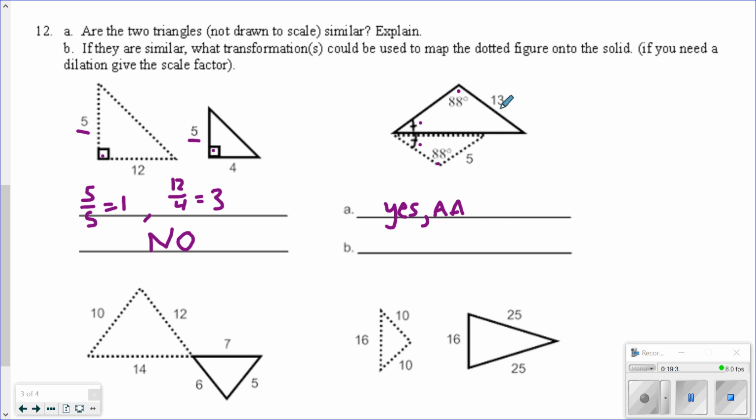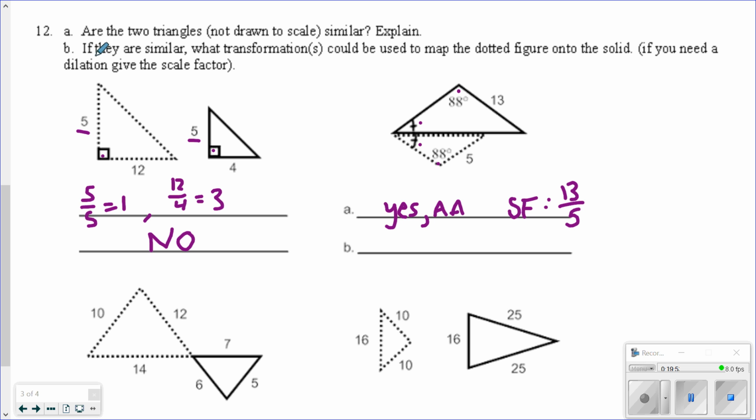So my scale factor, I'm going to use, it doesn't matter which one, so I'll just write scale factor 13 over 5.